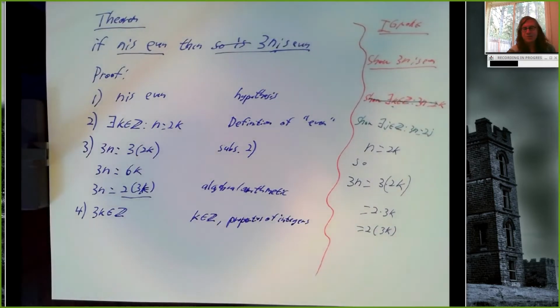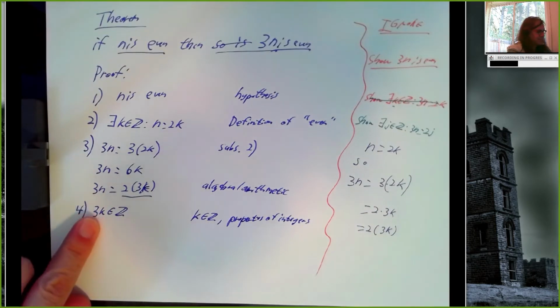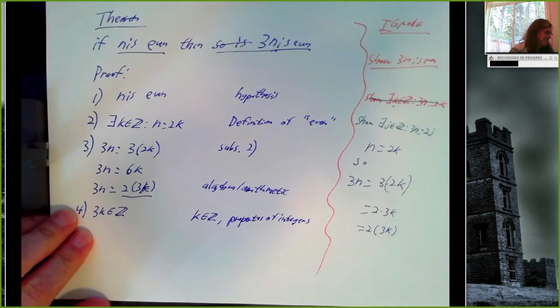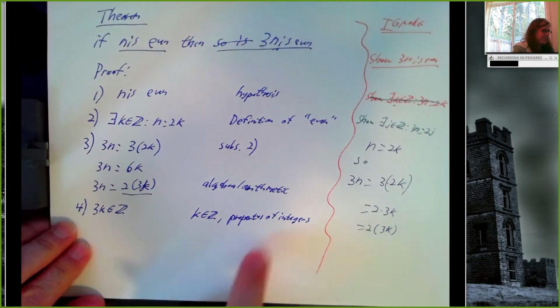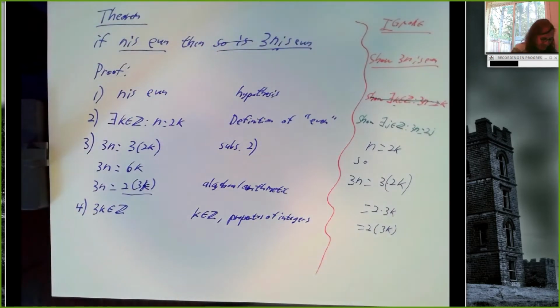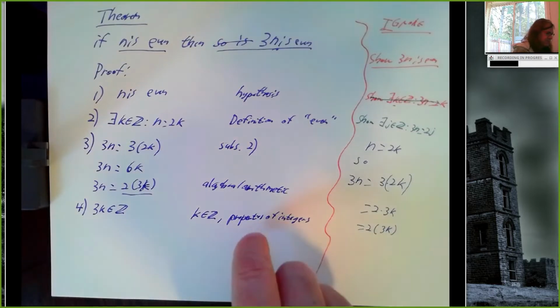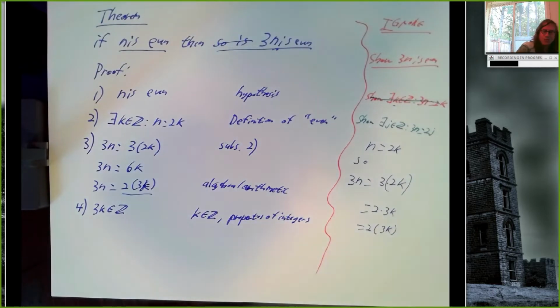In particular, we're using a property called multiplicative closure. It says if you multiply two integers, you get an integer. Well, 3 is an integer, k is an integer, so their product is an integer. But we're just going to say properties of integers. And as long as you don't misuse this reason, that's fine.